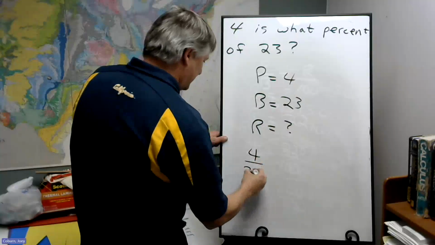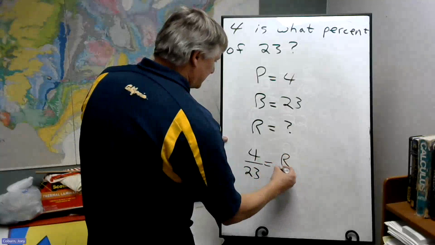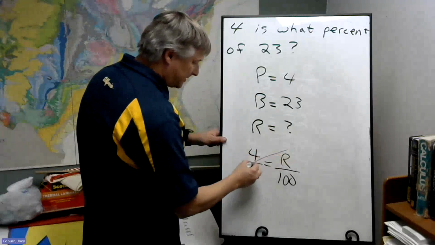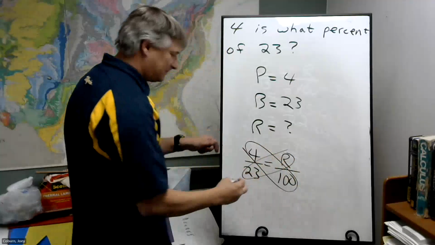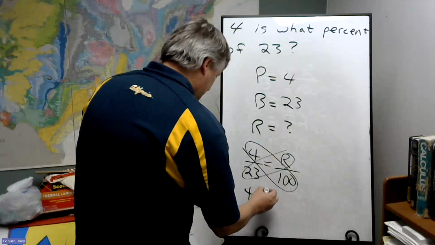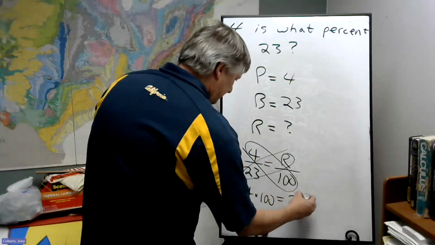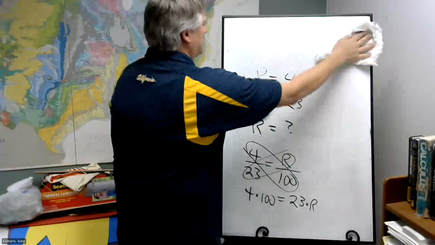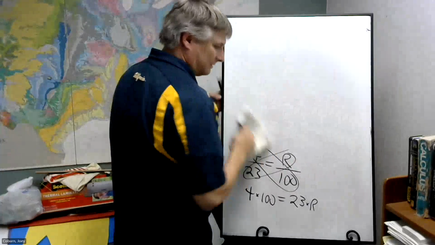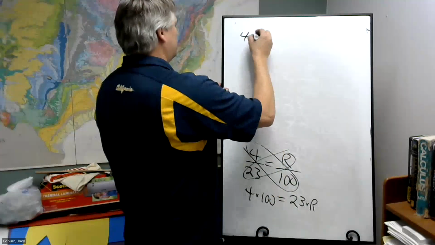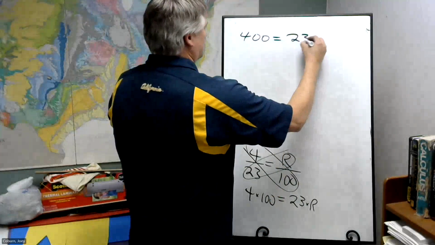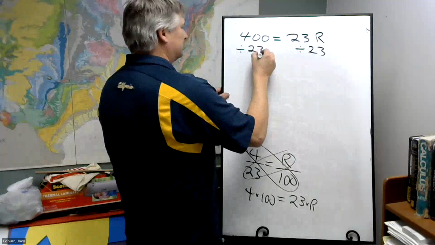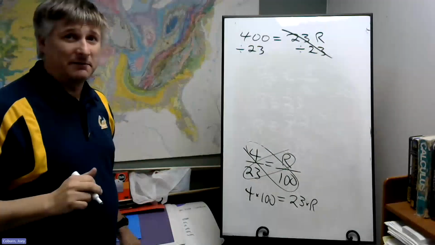So we use our formula. Part over base equals the percent number over 100. And then cross multiply. 4 times 100 equals 23 times R. Divide by 23, which is the opposite of multiplying by 23.